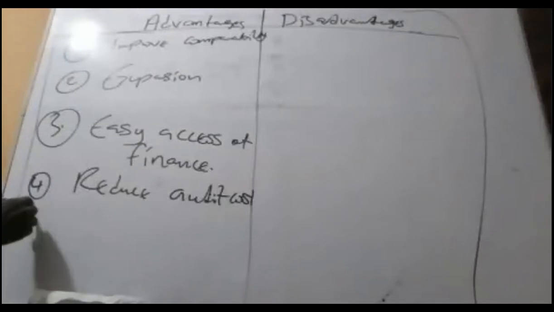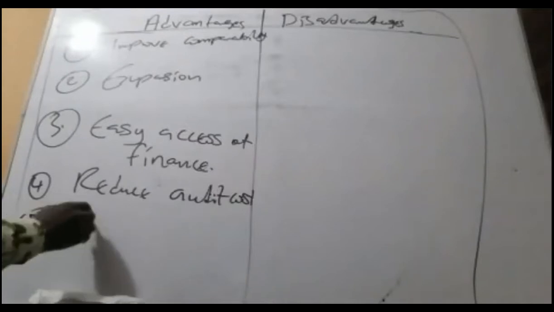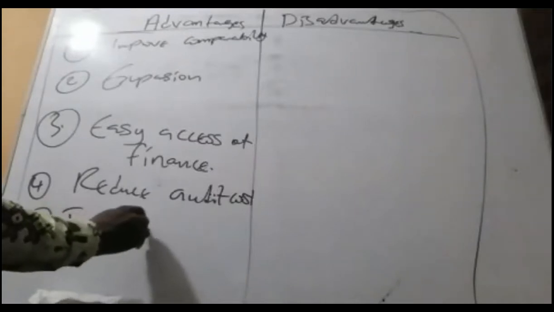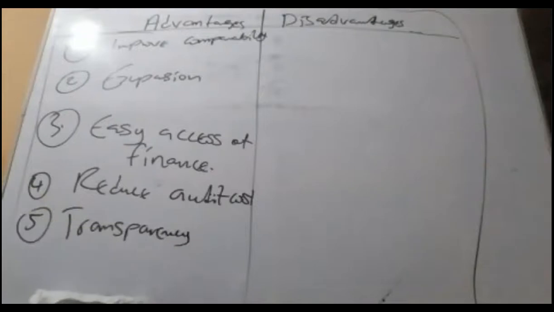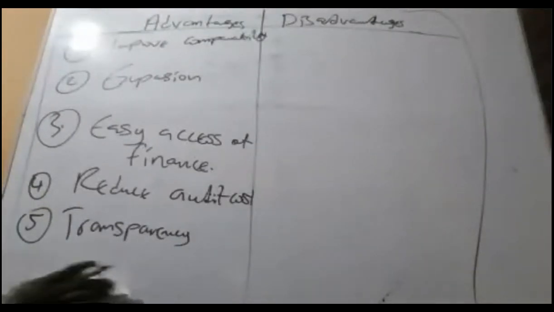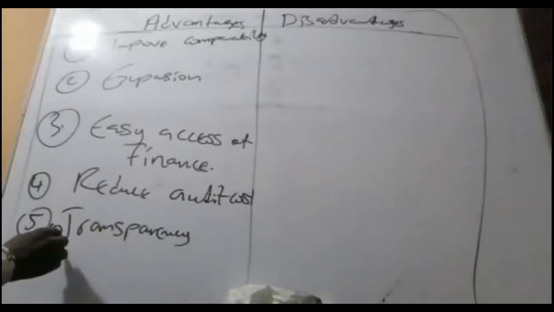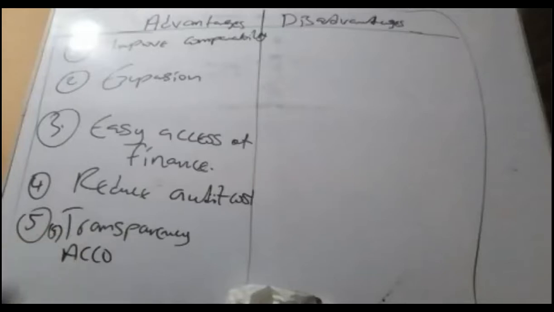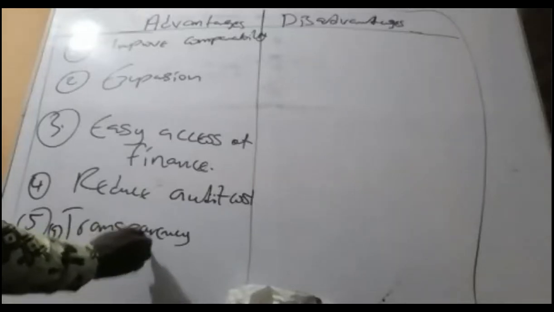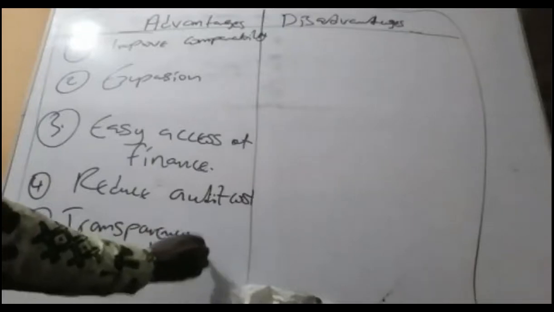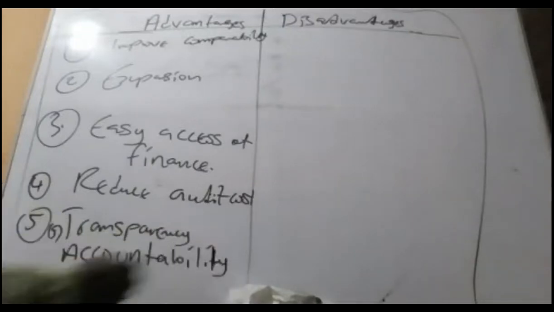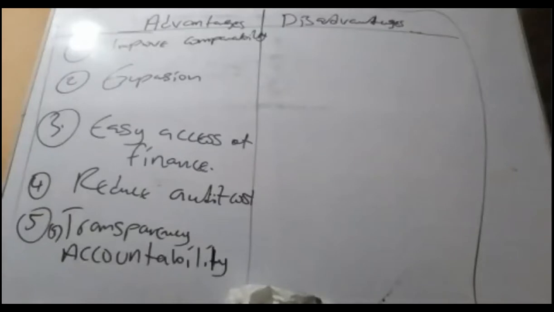Good. Then number 5, transparency. There will be transparency in the accounts. There will also be accountability. It will enhance the accountability. Directors will now have to report on their stewardship.